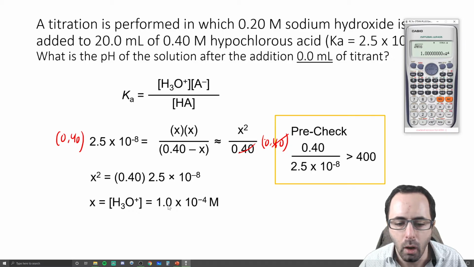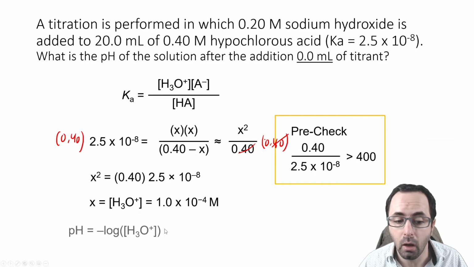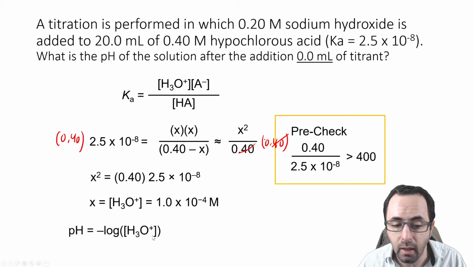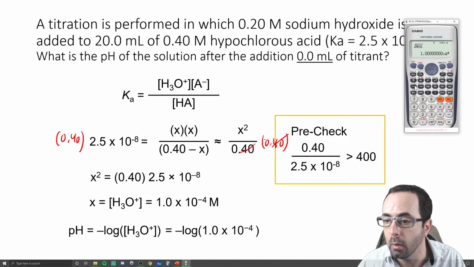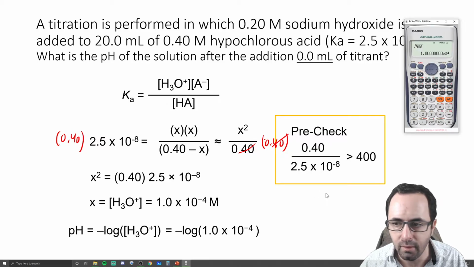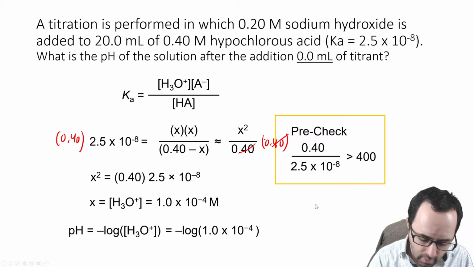Okay, so now to get the pH, we just take the negative log of that. So the pH is going to be the negative log of the hydronium concentration, which is the negative log of 1 times 10 to the minus 4. You actually don't need a calculator to do this.